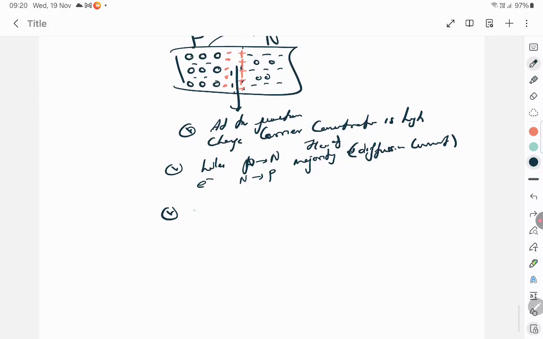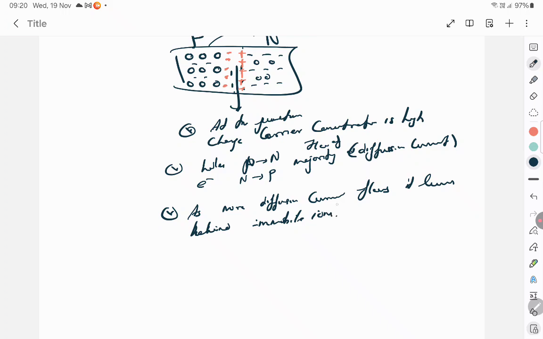As more diffusion current flows, it leaves behind immobile ions: negative ions in the P type and positive ions in the N type at the junction.